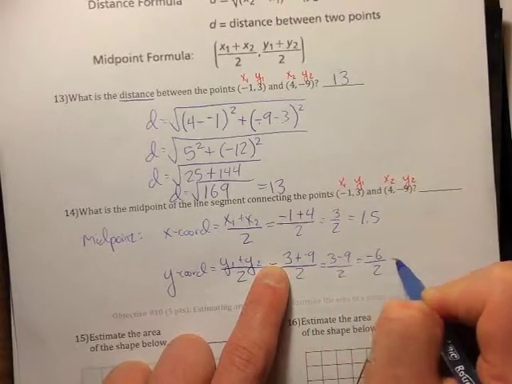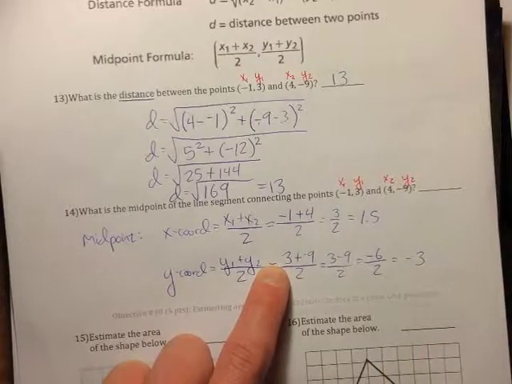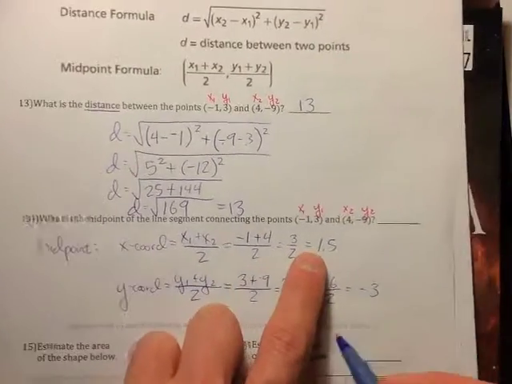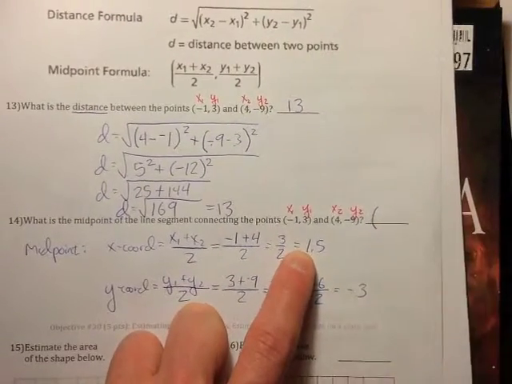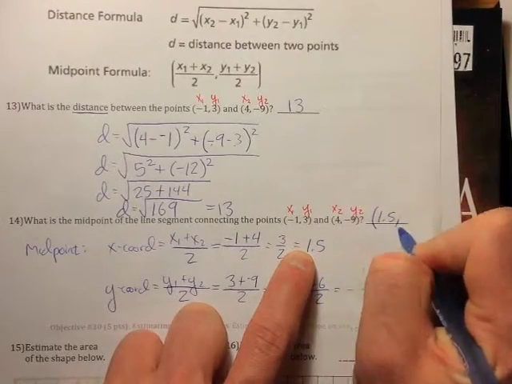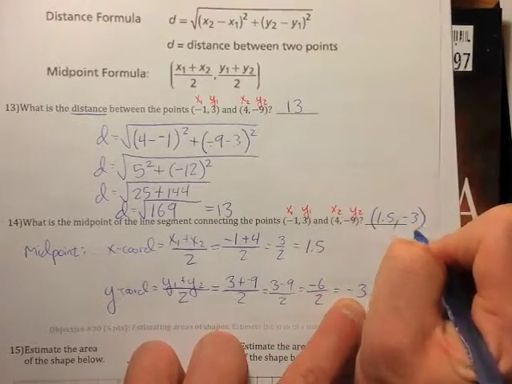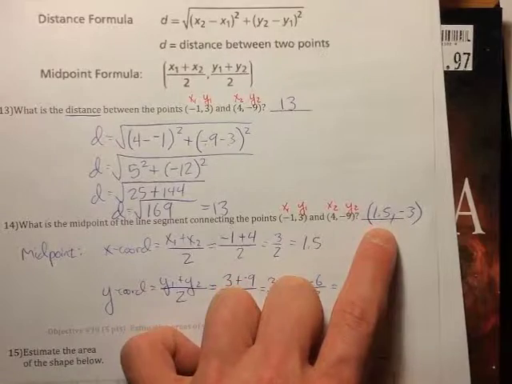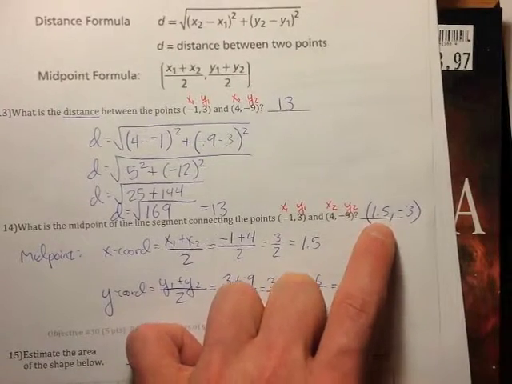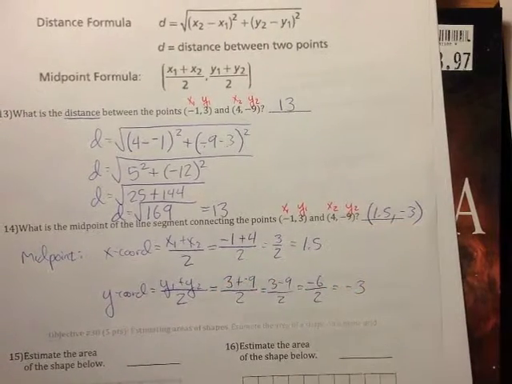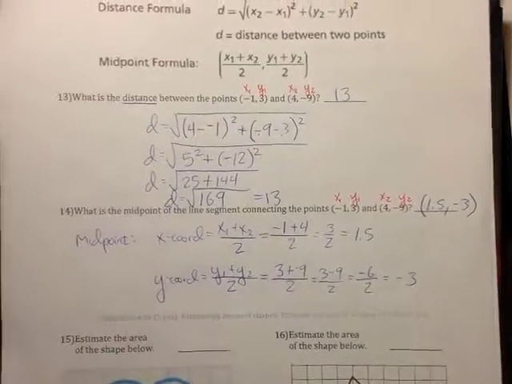When we divide by 2, that makes that into a -3. Okay, so if the x-coordinate of the midpoint is 1.5 and the y-coordinate is -3, written as an ordered pair, the midpoint is 1.5, -3. Okay, so that is it for this objective.